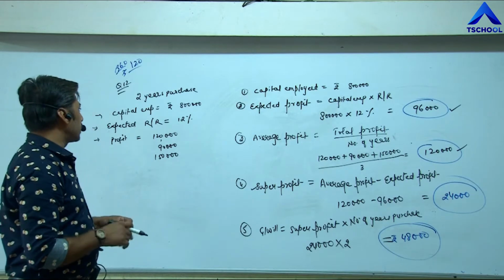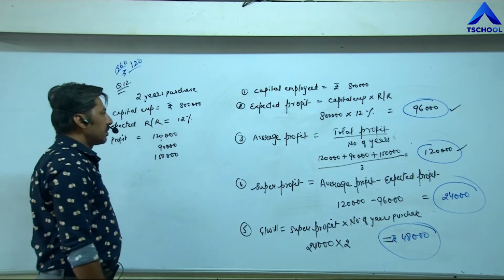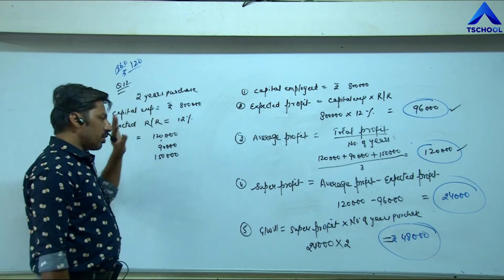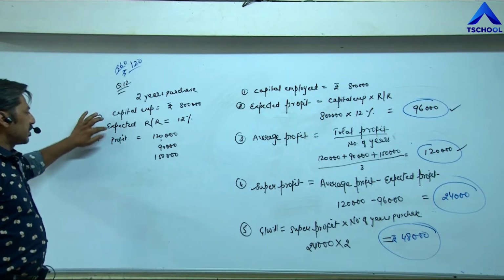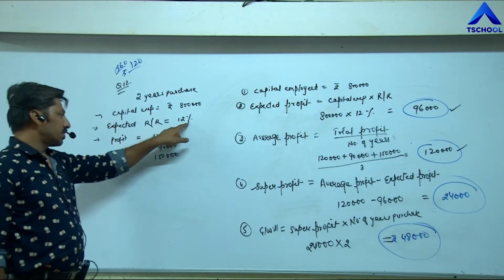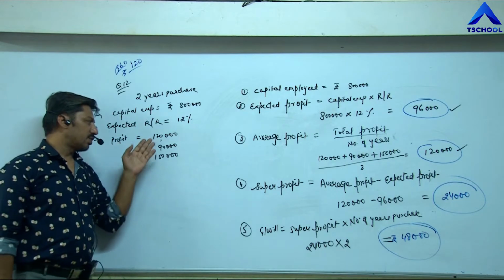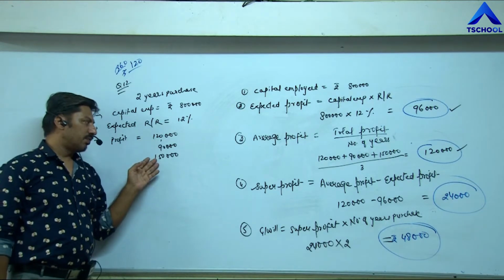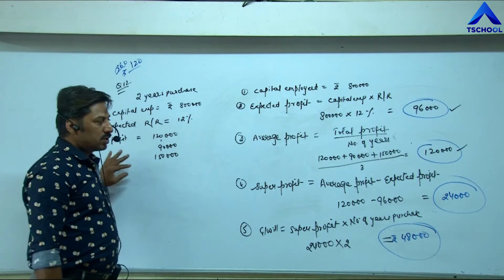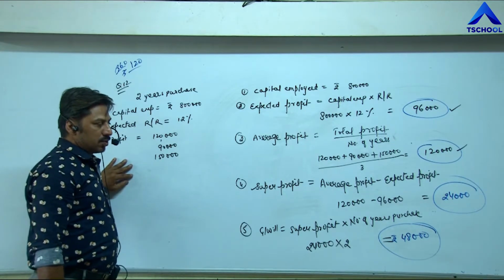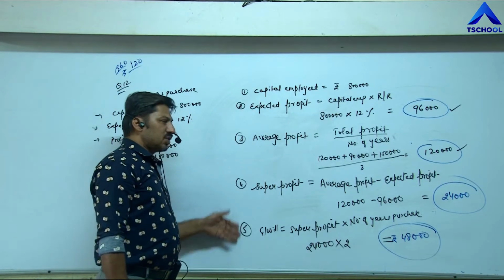So once again, this question is based on the super profit method. 2 years purchase is already given. Capital employed is given 8 lakh rupees. Expected rate of return 12% is given. And profit is given for 3 years, 1,20,000, 90,000 and 1,50,000. And we have to calculate the value of goodwill according to the super profit method. So we know the super profit method has 5 steps.